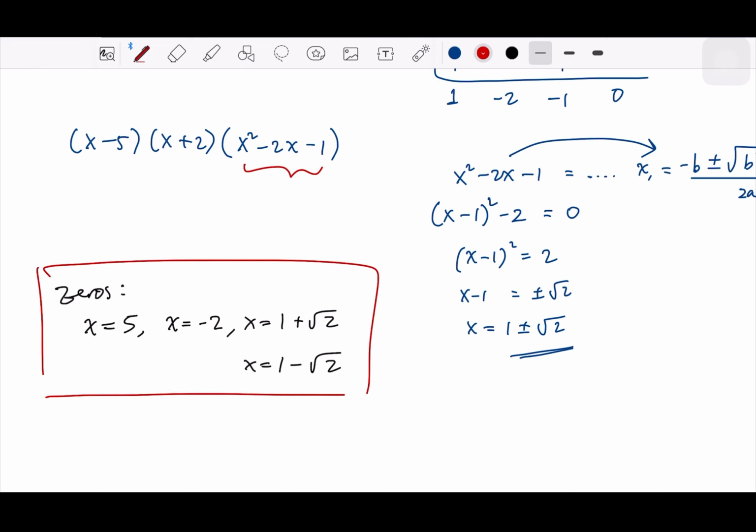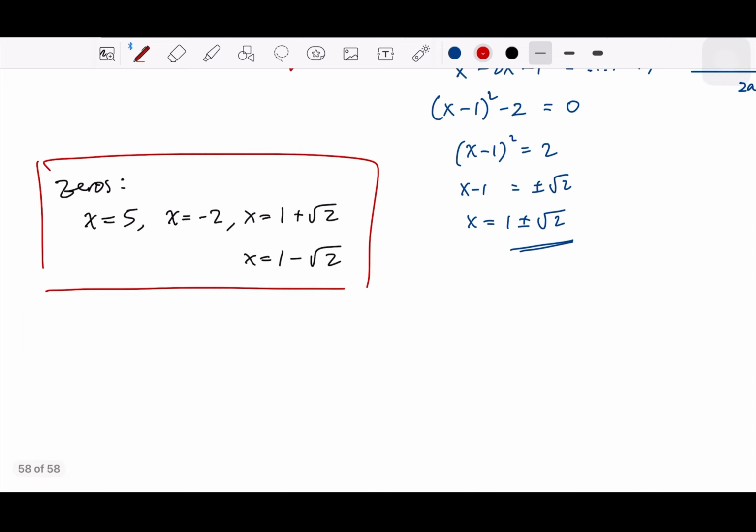So this is also possible combinations. And of course, we could take these zeros onto a number line.